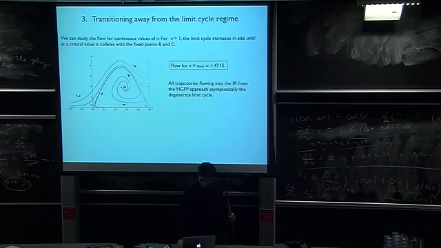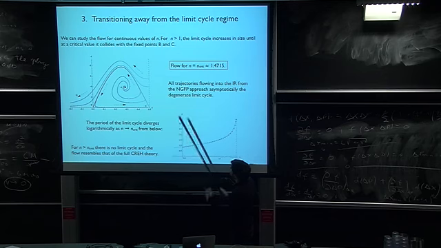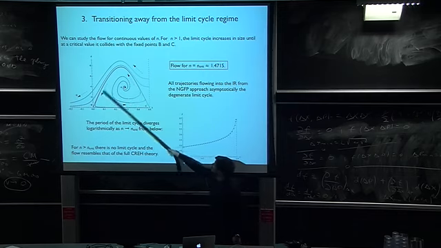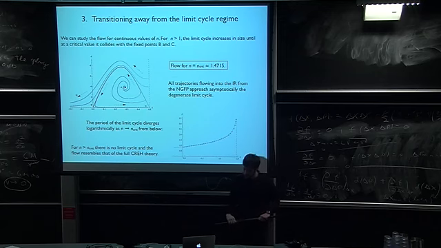How this happens exactly is that when you increase the value of n towards this, the period of the limit cycle, the time it takes to cycle around, measured in RG time, log k, increases logarithmically and diverges, which is what you expect because you are getting arbitrarily close to fixed points.